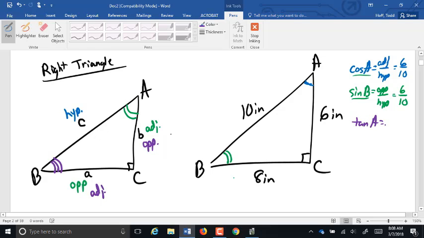Tangent of A. Tangent is opposite over adjacent. Very good. According to angle A up here, what's the opposite side? 8. The adjacent side is 6. 8 over 6, or 1.33333.